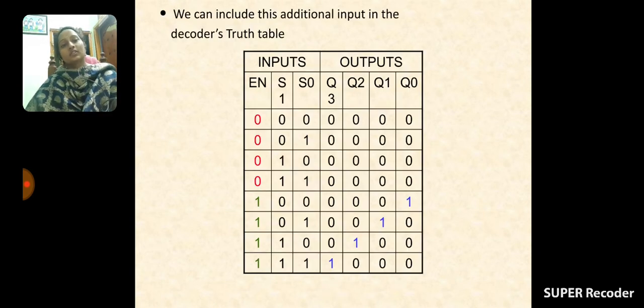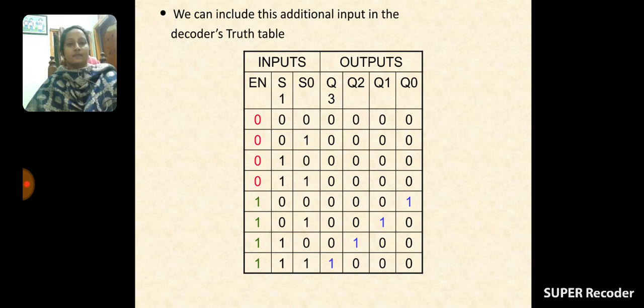Once observe the truth table. So what do we observe? In the first 4 lines, enable is 0. In the first case, enable is 0, both selecting lines are 0, no output is produced. In the second case, enable is 0, S0 is 1, also no output.